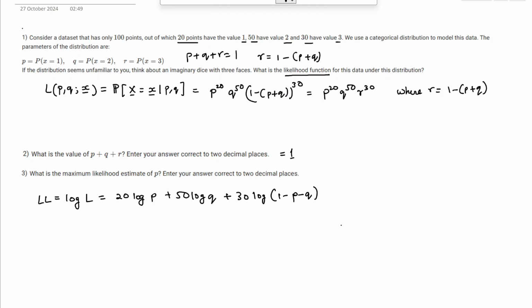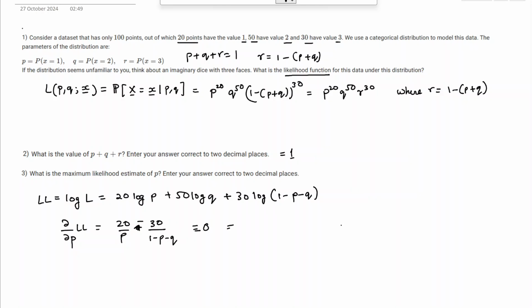First we will find the maximum likelihood estimator. What do we have to do? We have to take the derivative of the log likelihood with respect to p. That would be equal to 20 upon p plus 30 upon (1 minus p minus q), with a negative sign instead of a positive sign. And now we have to set this equal to 0.